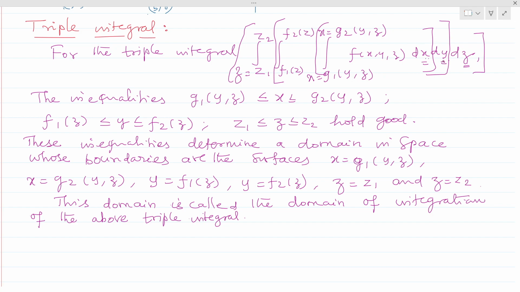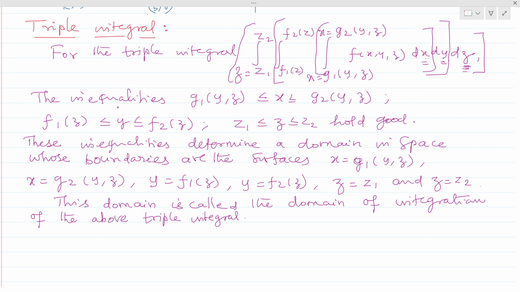When you are integrating with respect to y, the limits may be in terms of the outer integration variable z or constants. When you are integrating with respect to the outer integral variable z, the limits should be constants; they should not contain any other variables.